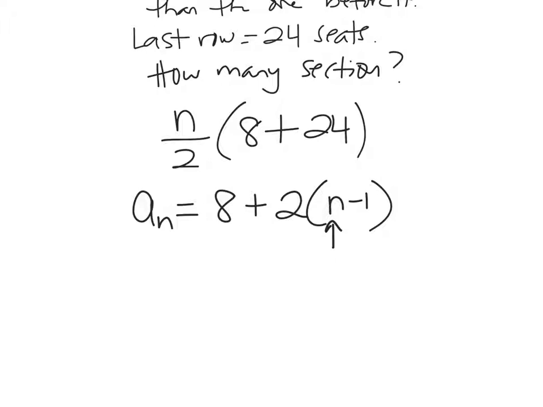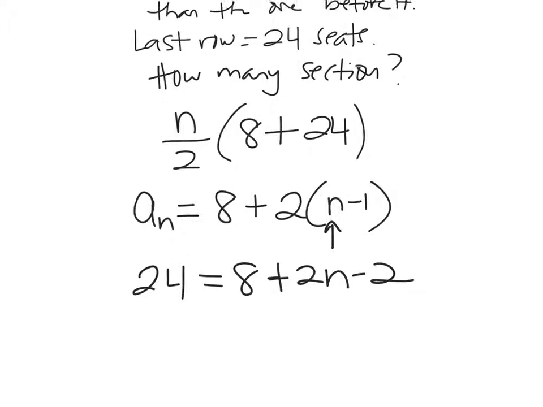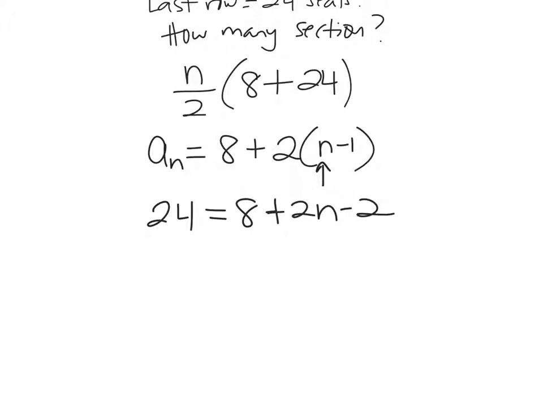So 24 goes in for a sub n, and I have 8 plus 2n minus 2, and I want to find out what number row has 24 in it. So then I would get 6, subtract that over to the other side. What is that, 18? Equals 2n, so n equals 9.